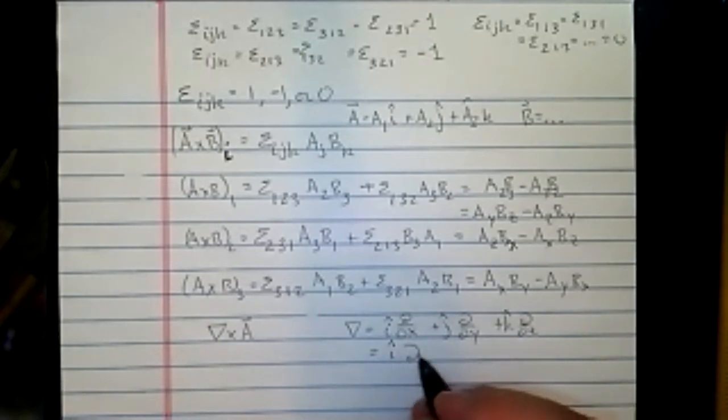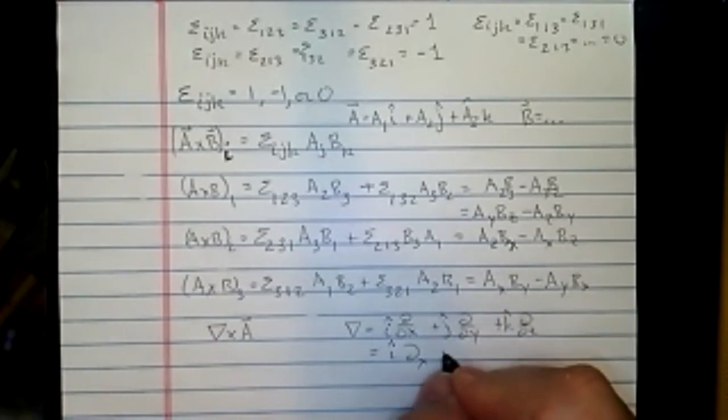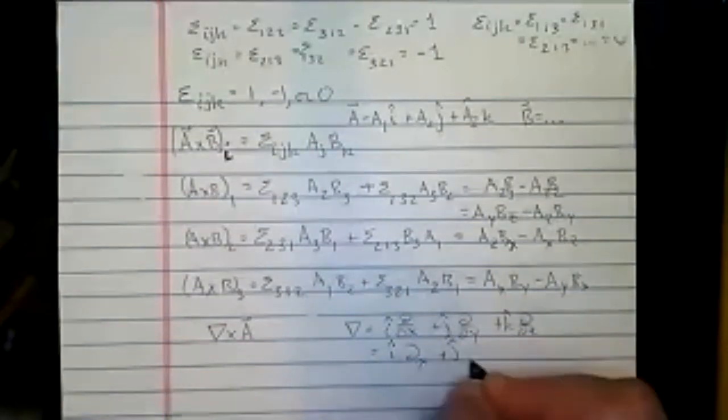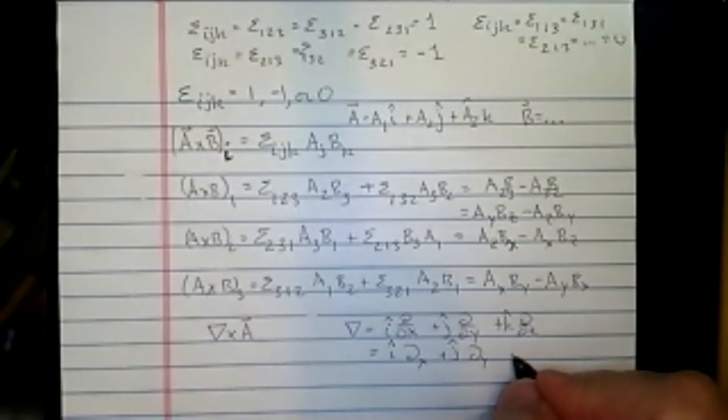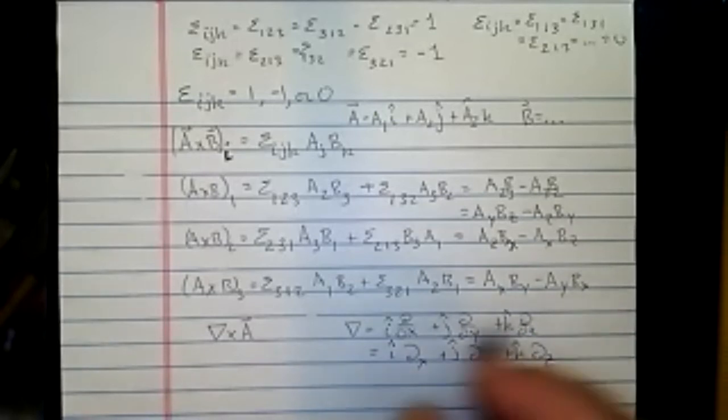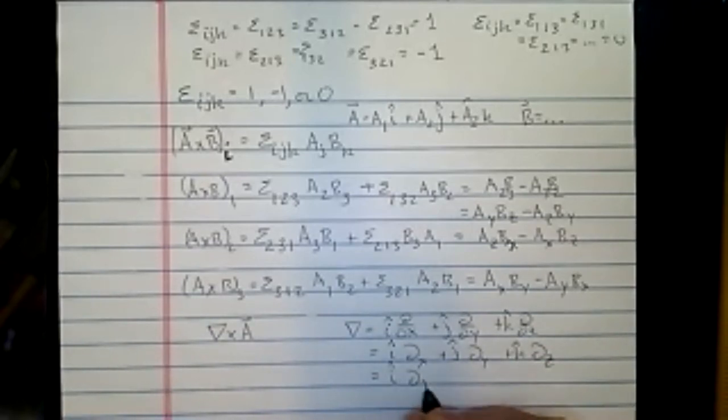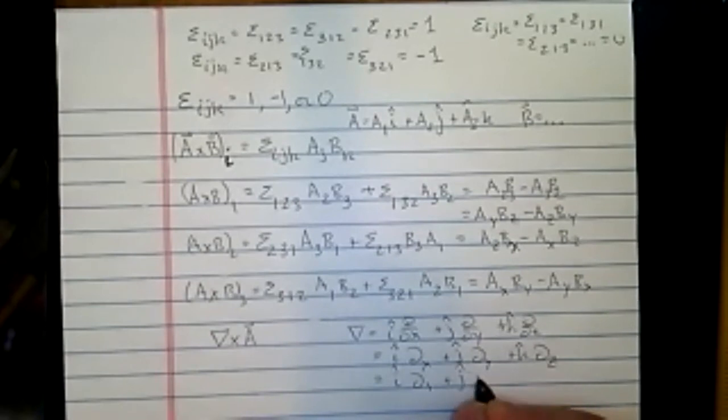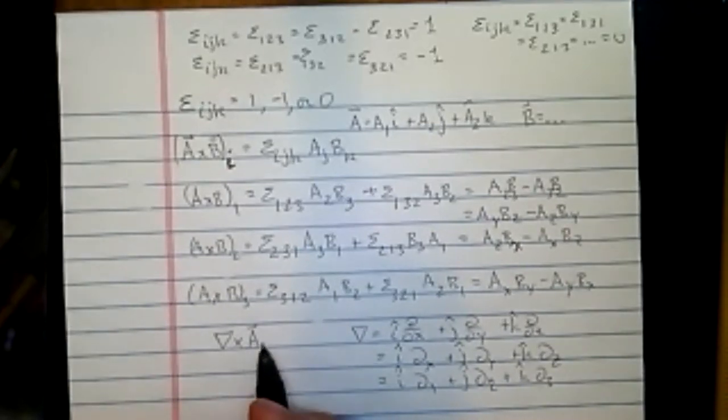I can just say partial sub X. I can also do J hat partial sub Y, and K hat partial sub Z, which in our terminology of 1, 2, 3 would be I hat partial sub 1 plus J hat partial sub 2 plus K hat partial sub 3. And then, of course, the A_X would be A1, the A_Y would be A2, and the A_Z would be A3.